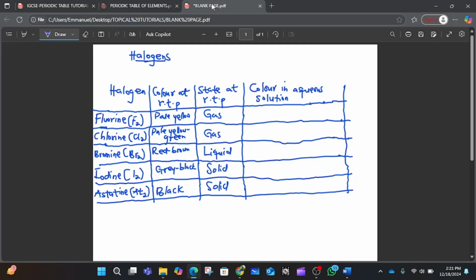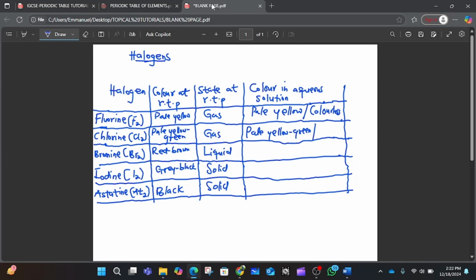When fluorine dissolves in water, we get a pale yellow solution. For chlorine, we get a pale yellow green solution. For fluorine and chlorine, when the solution is dilute, we get a colorless solution.